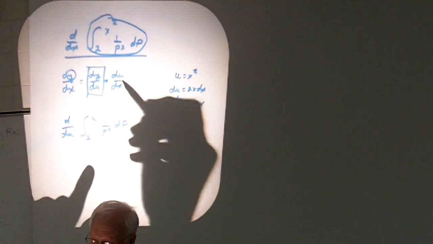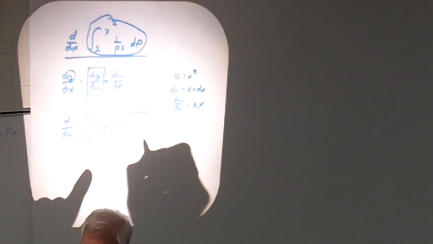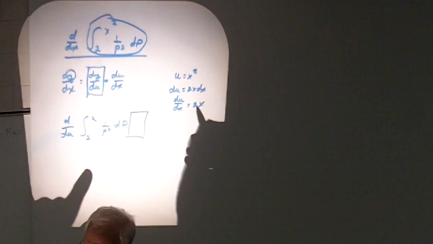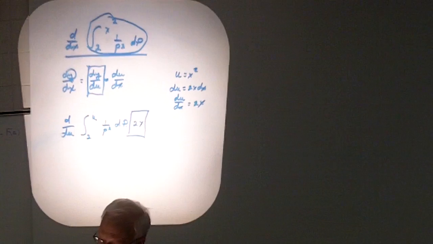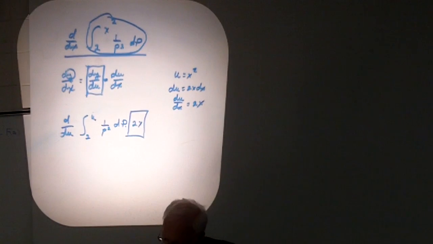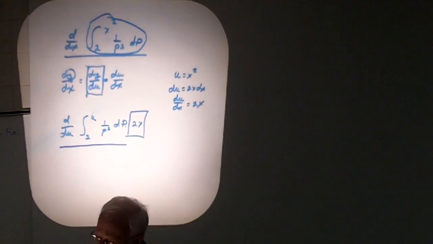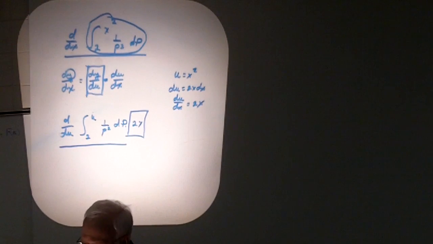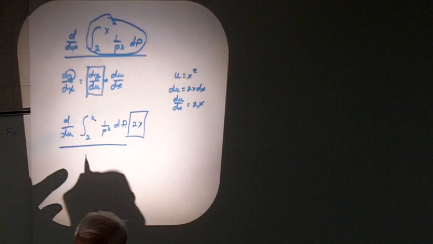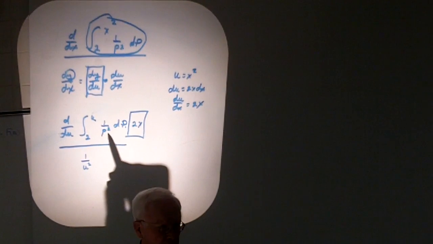Now I have not used this part yet, so I'm going to put that back here, and this is my little box over here, and that happens to be 2x. A 1 over u squared is what this turns out to be.